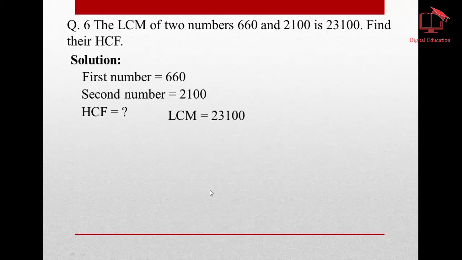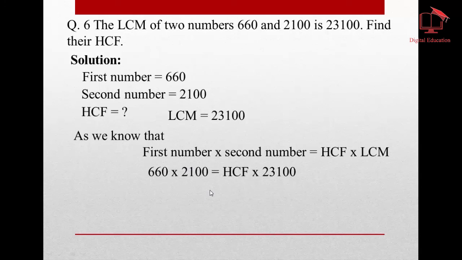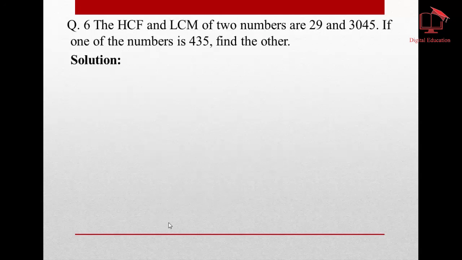As you know that the formula is first number multiplied by second number is equal to HCF multiplied by LCM. Now students, we will put the values, and after putting the values we will arrange the equations. We will find this number HCF and this number is multiplied here. When we carry it to the left hand side, this number is divided. After multiplications we have the answer 60.